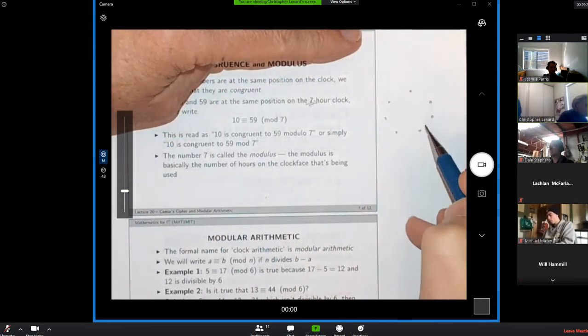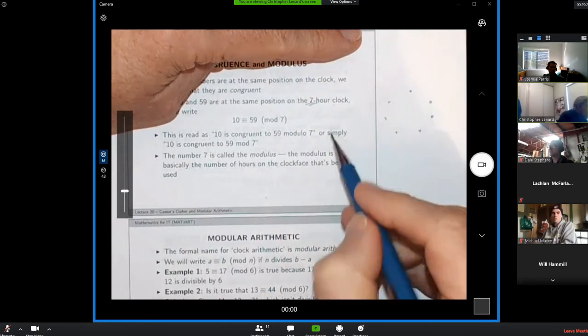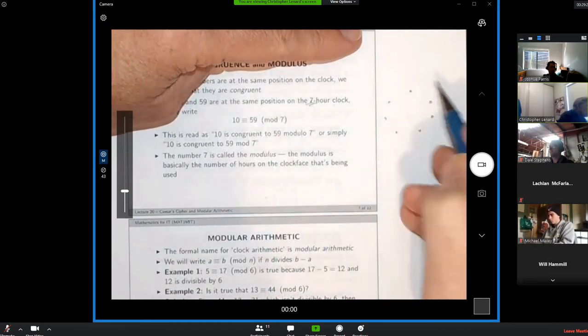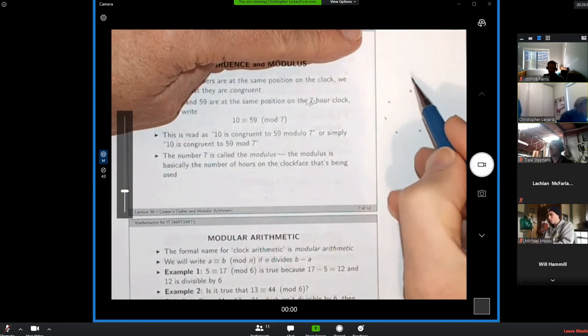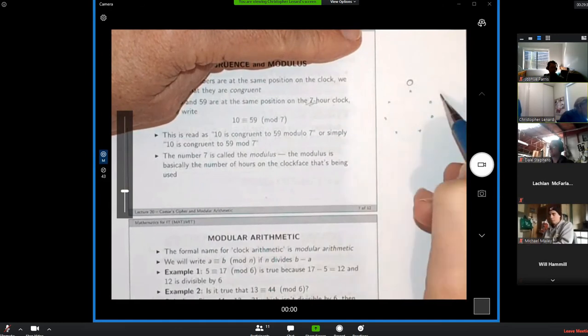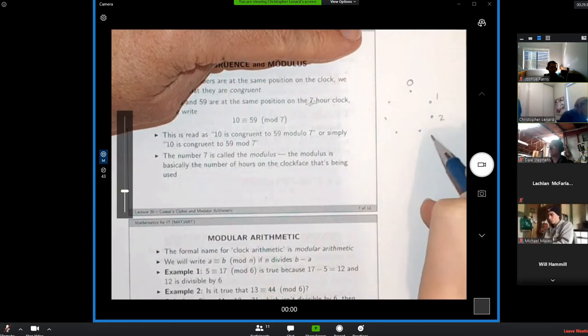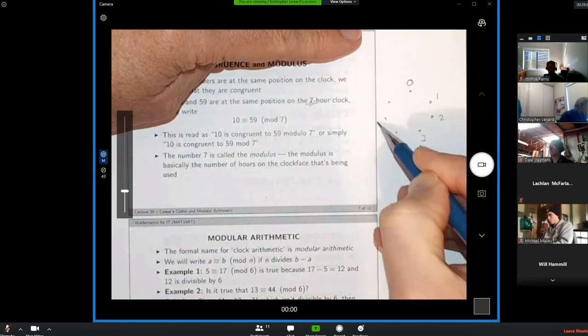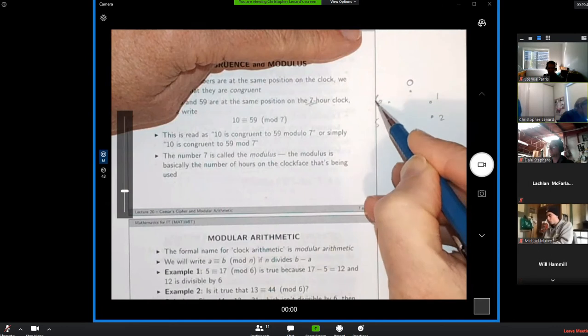The only tricky thing we're going to do is we're going to start with 0 and move around to 1, 2, 3, 4, 5, 6.